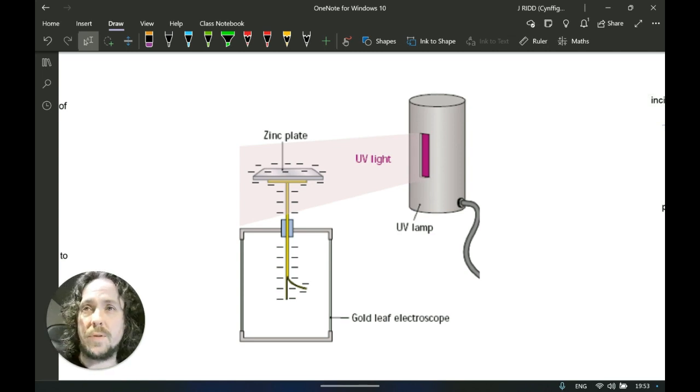When that happens, electrons on that plate may well be what we refer to as liberated, or they may escape from the surface of the plate. The mechanism by which this happens is that the electrons absorb energy from that light source, and in gaining that energy, they overcome the amount of energy they need to escape the surface of the metal.